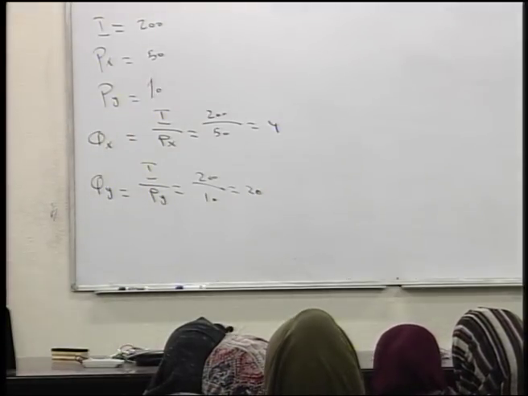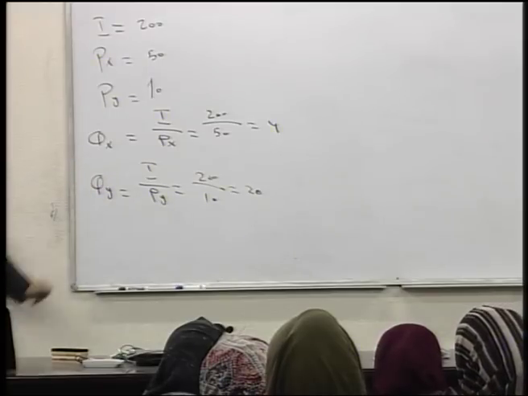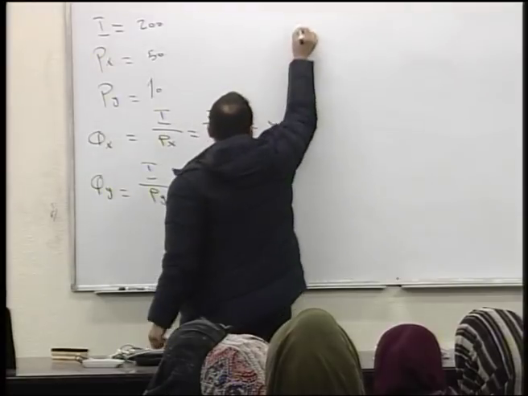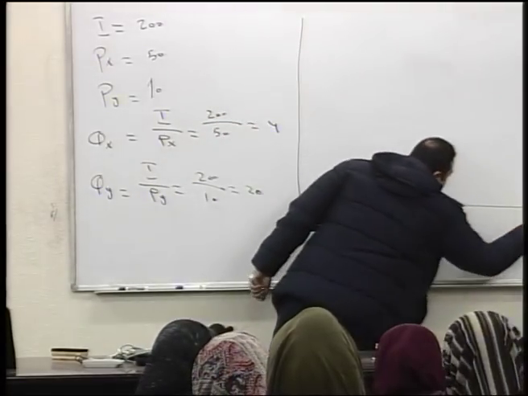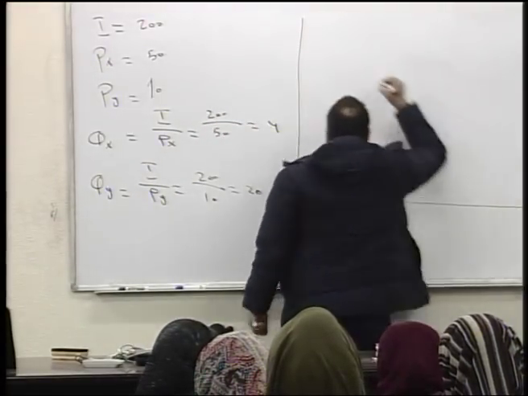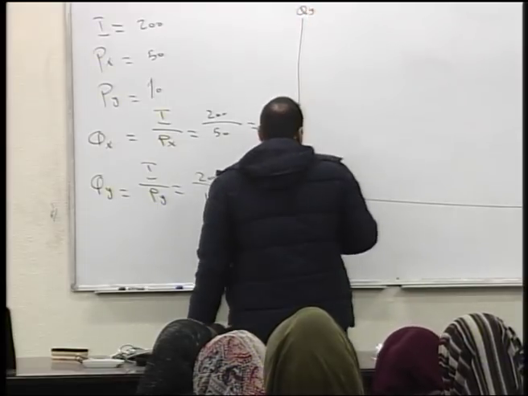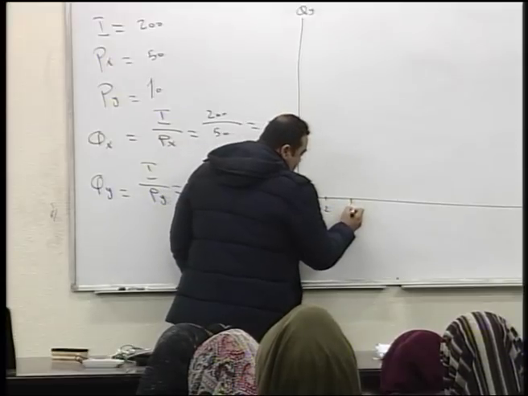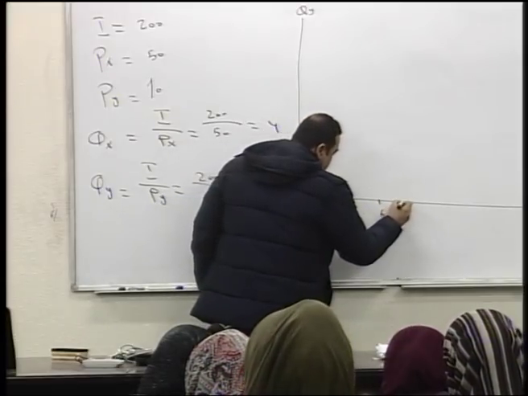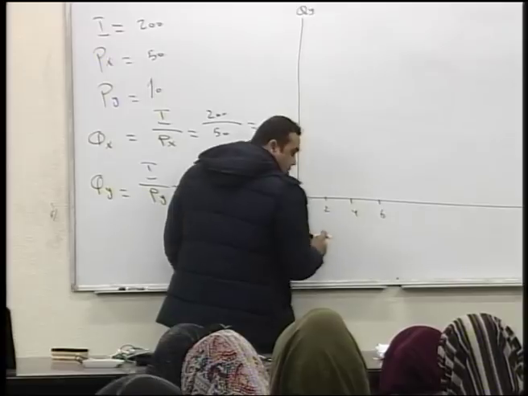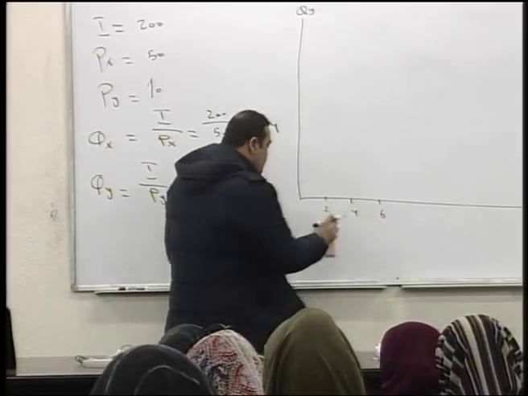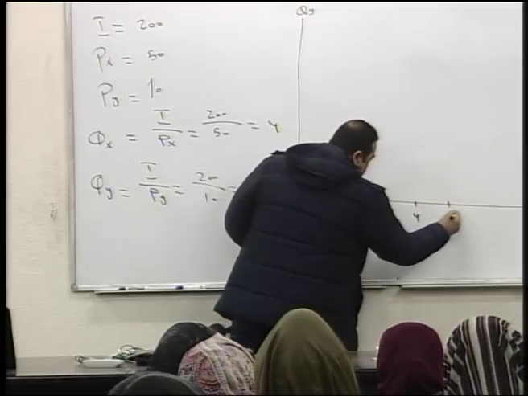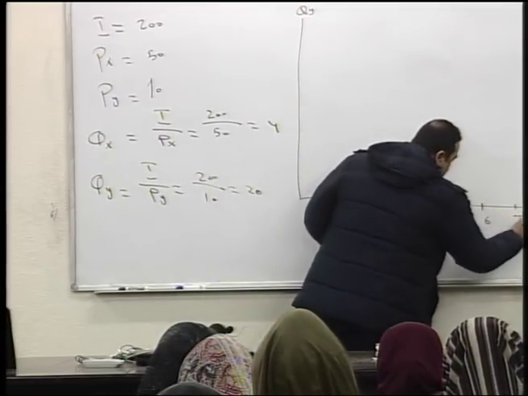So, to derive the budget line here, we need the quantity of X and the quantity of Y. Quantity of X, let's assume 1, 2, 3, 4, 5, 6, 7.